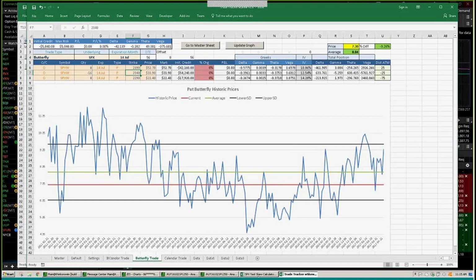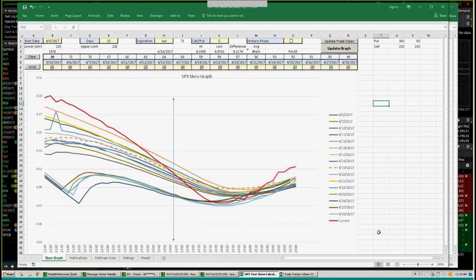And I just went and redid the skew calculator. So this is the call side. I've had a couple of occasions where the put pricing was really pretty good, and I went to put on a trade, and I trade with long calls. I do more at the money calls right in this area rather than deep in the money.